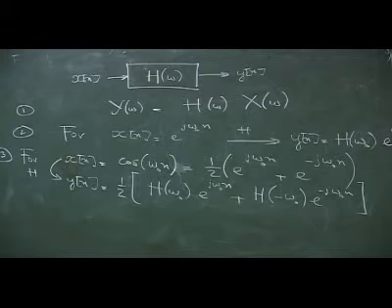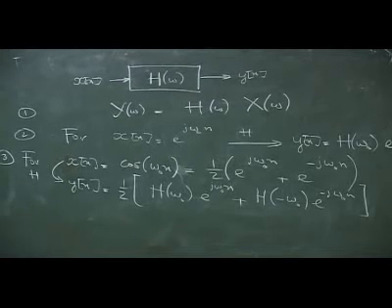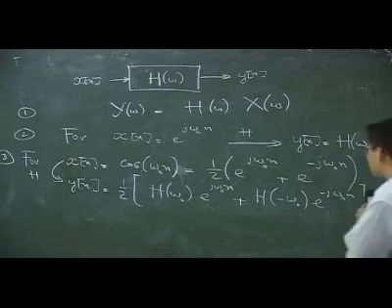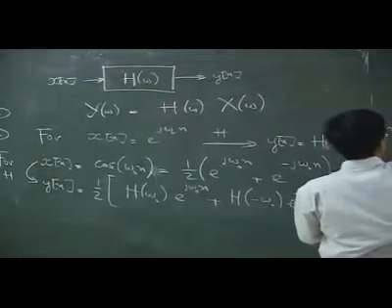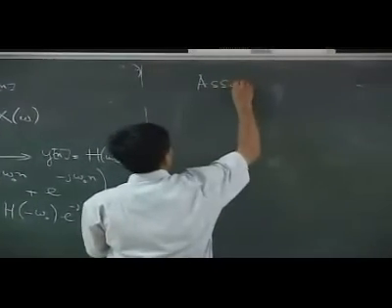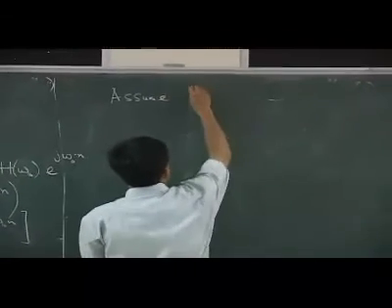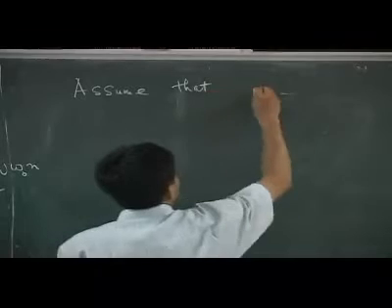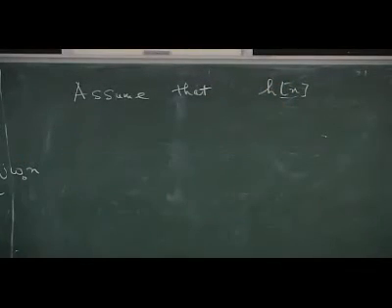So we have that signal, and one thing we know, so now assume that H[n]. The thing I'm trying to do here is, this is a complex signal and the filter is complex.